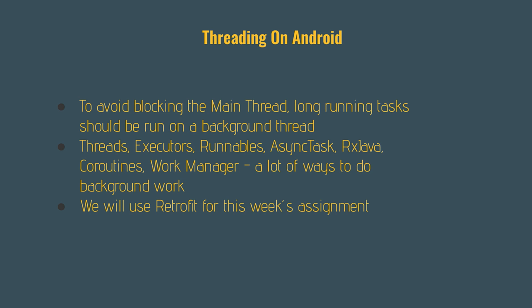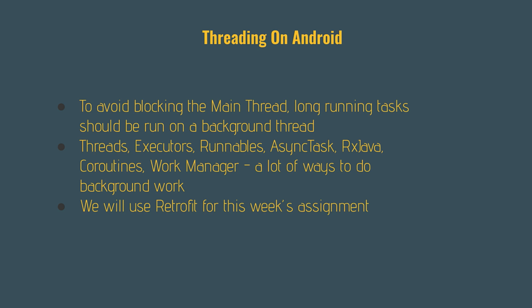To avoid blocking the main thread, then, any long-running task should be run on some type of a background thread. There are a lot of different options available to us for running things on that background thread. We have threads themselves. We have executors. We have runnables.